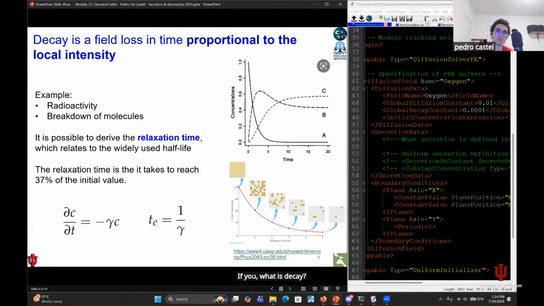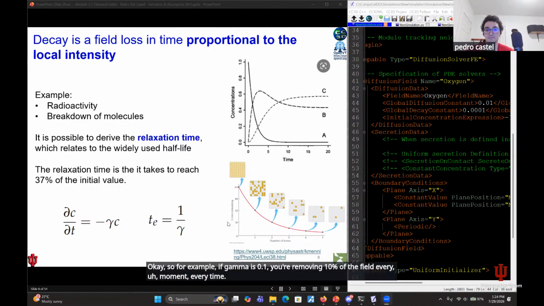Decay is basically removing material from the field at a rate that is proportional to the value of the field everywhere. Gamma is the fraction of the field you're removing per unit of time. Okay. So for example, if gamma is 0.1, you're removing 10% of the field every moment, every time.